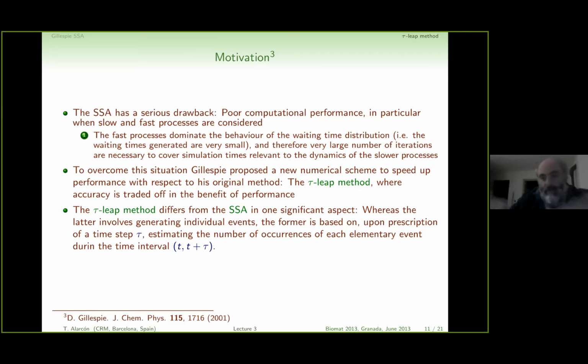The meat of the method is selecting this time step, and then we estimate the number of times that each of the events has occurred. So it's a different point of view.